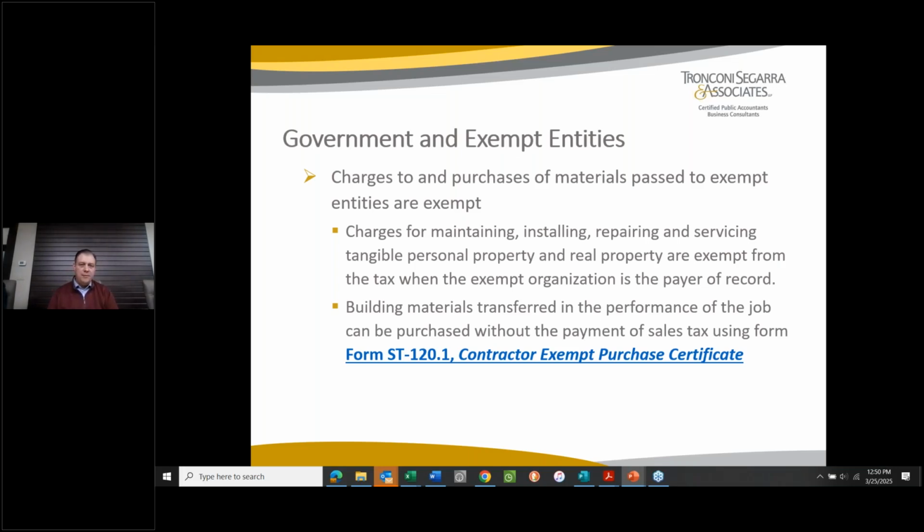And then you have to provide some information about the job itself, its location, whom the project is with, what the prime contract is, if you're a sub and whatnot. And then you would typically check box A on it that you're purchasing tangible personal property that's to be used in a building or structure for an exempt organization or a governmental entity.